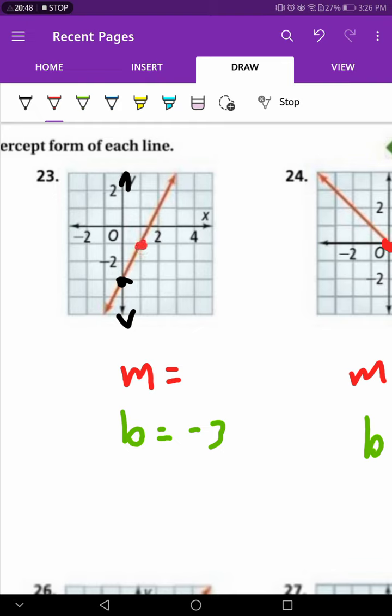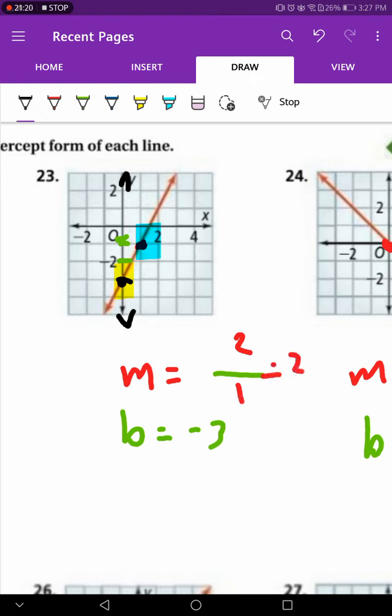Okay, now my dear students, our technique says move from down to up, from this point, from down to up every time. It makes your life easier, and you need to rise up or to fly. How many steps? 1, 2. I need to rise 2 steps and to run 1 step to the right, so 2 over 1, which equals 2.